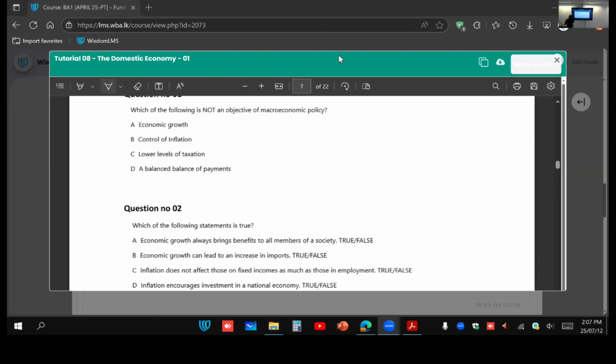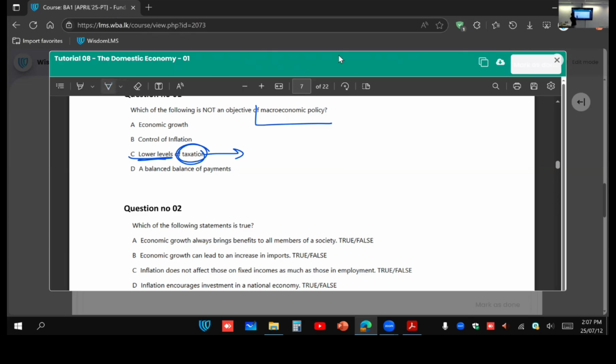Macroeconomic policy is all about the government. Taxation is government revenue, so the government will not want lower levels. They will need higher levels of taxation so they can earn more revenue.